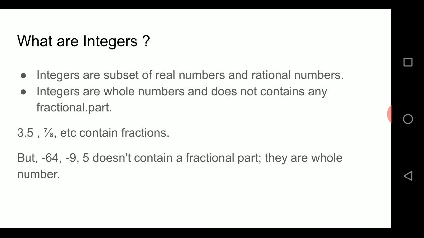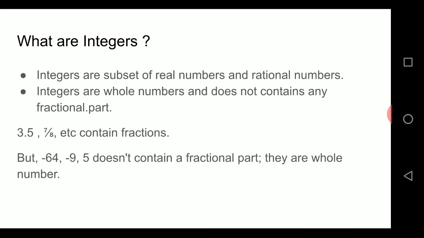Integers are a subset of real numbers and rational numbers, which I told you just now. So what is so particular about integers? Integers are whole numbers, the numbers that do not have any kind of fractional part. For your understanding, I've given you a couple of examples here.